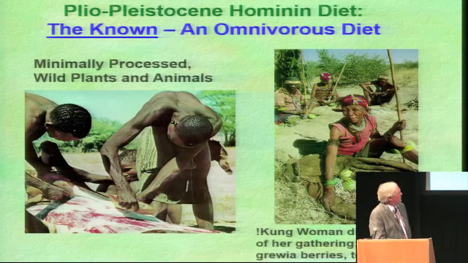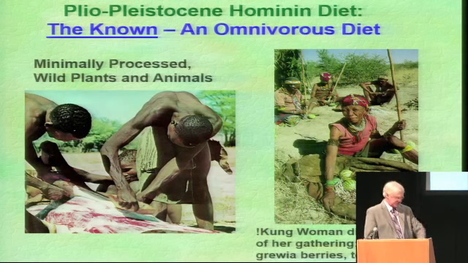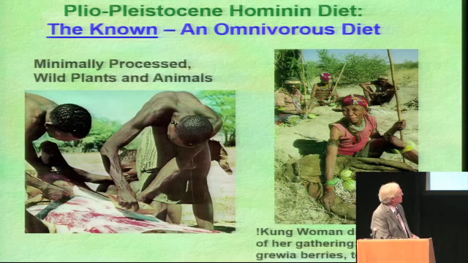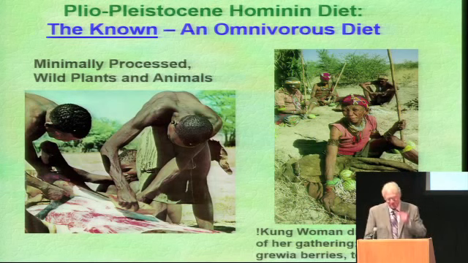If you look carefully, you'll see what looks like kind of a modern-day watermelon, except it's about the size of her fist. That's called a tamamelon. Over here are some roots, and this is the digging stick that she used to dig those roots up. Here's some gruya berries. And right here in the middle, for those folks up front, you can see this is a tortoise. So she got both plant and animal foods when she was out gathering. And of course the men are sitting in the background doing absolutely nothing while she brings home the food.